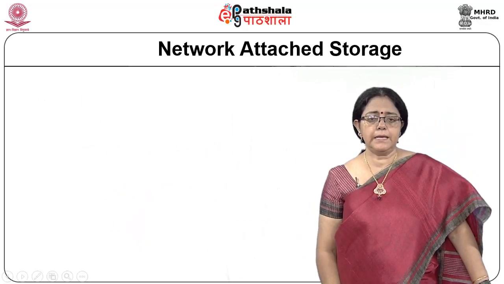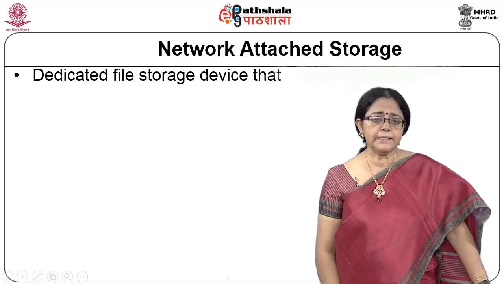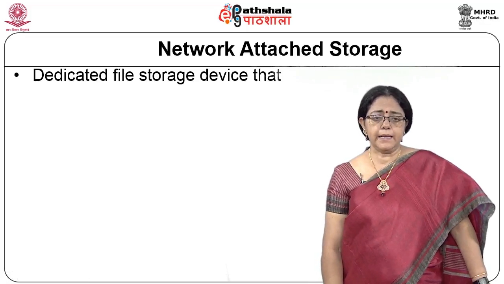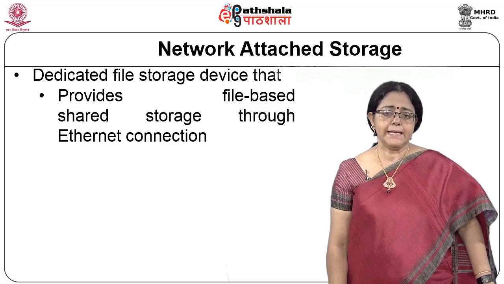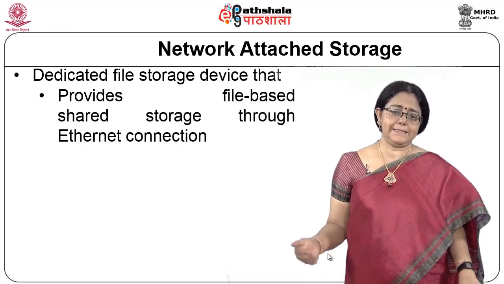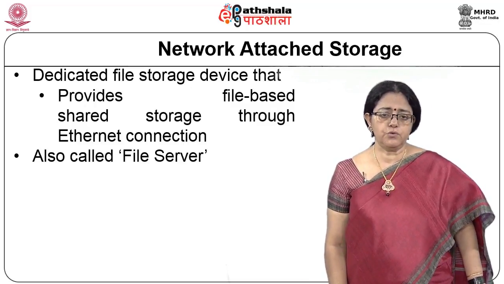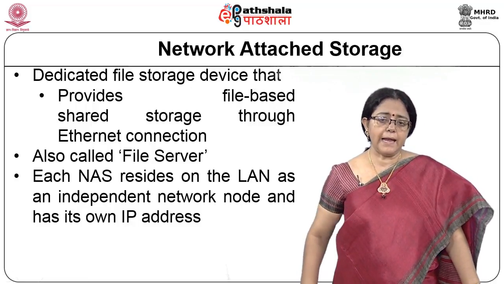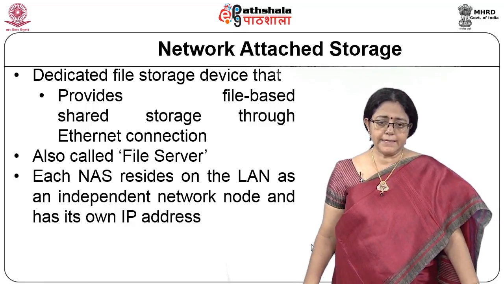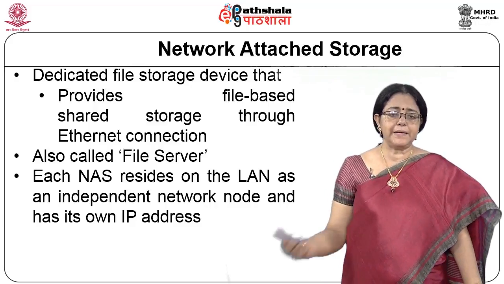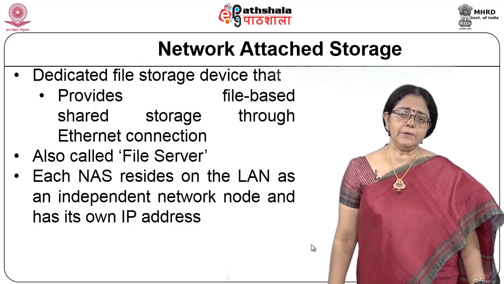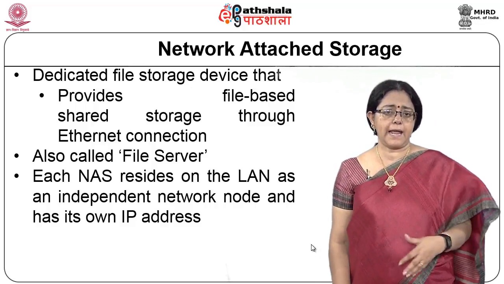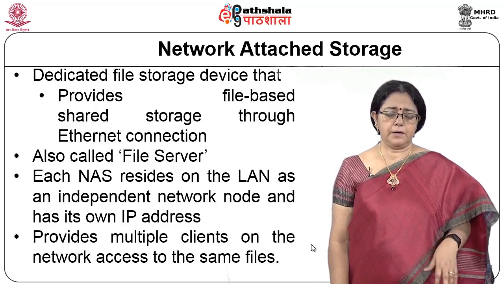The third type, which is network attached storage or NAS, is again a dedicated file storage device. It provides file based storage through an Ethernet connection. That is why they are called file servers. In a LAN, if there is a NAS that resides, it is an independent network node, and it will have its own IP address. So, a NAS can be directly accessed over the network.